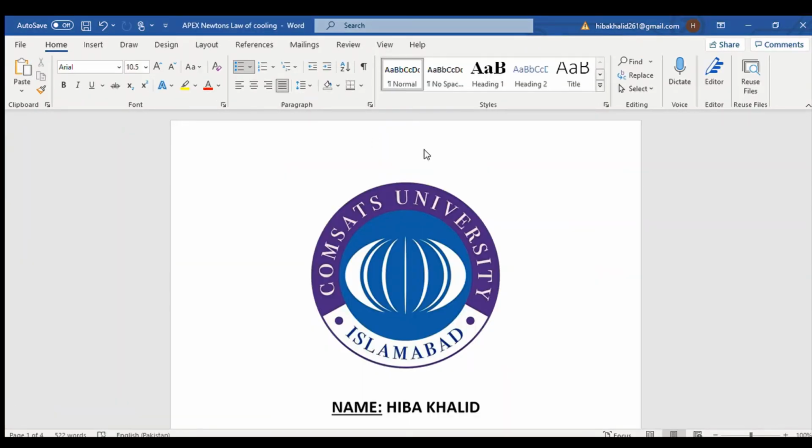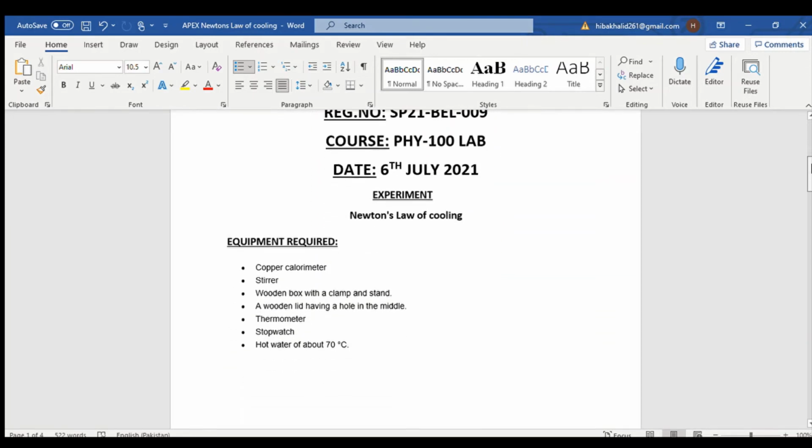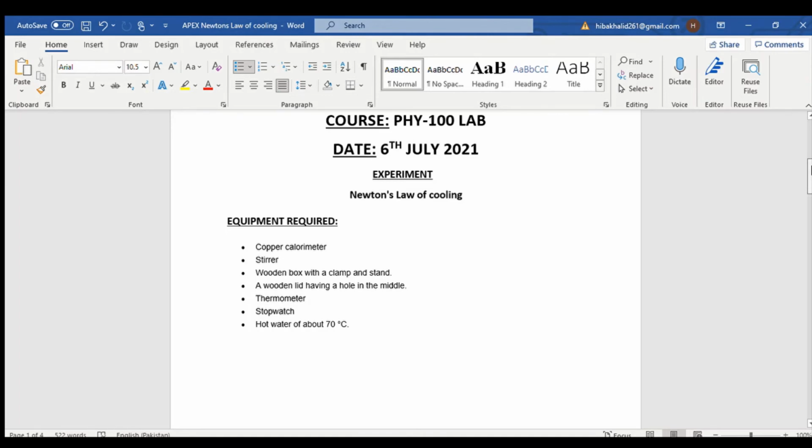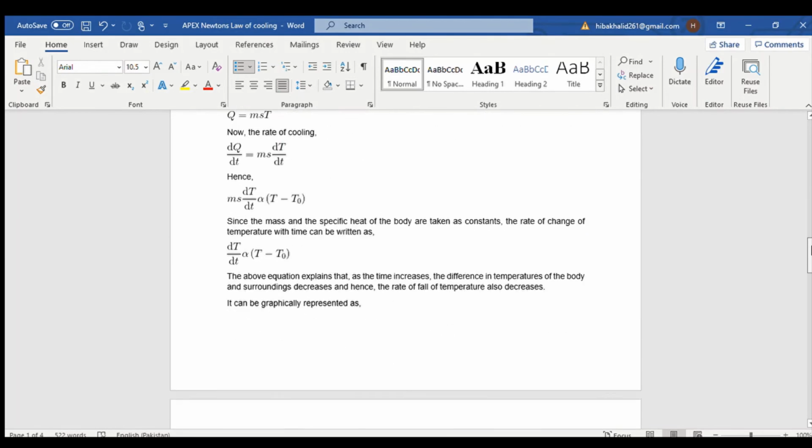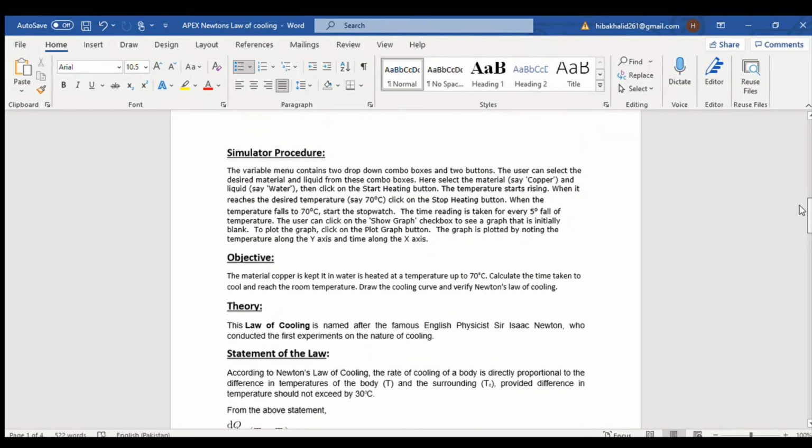After this, we will gather all this data into a lab report, starting off with my name, equipment required, the procedure, objective, theory, statement of the law.